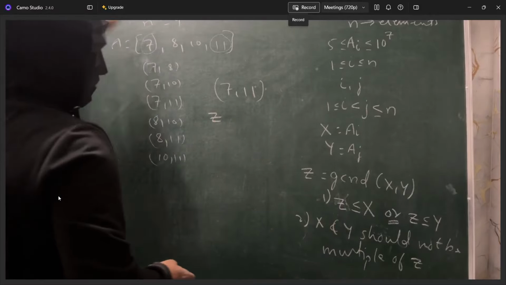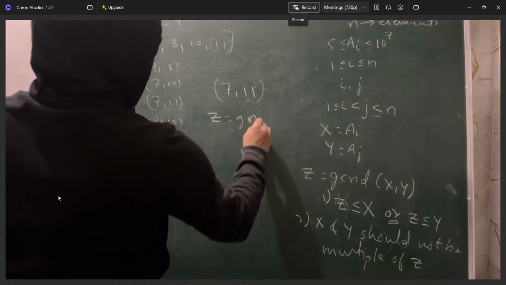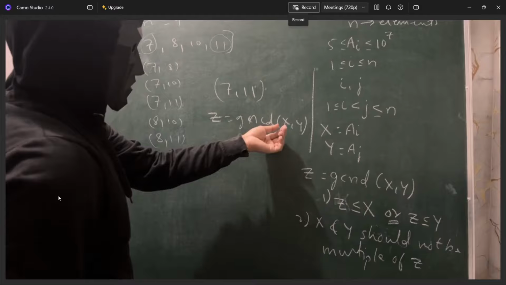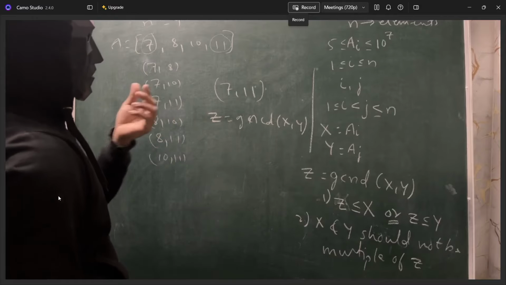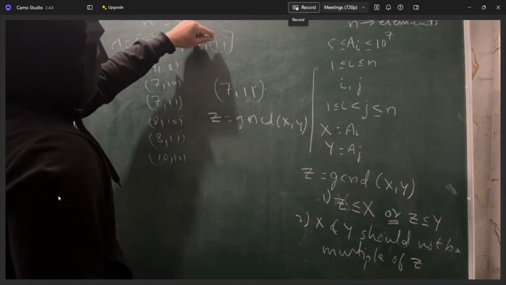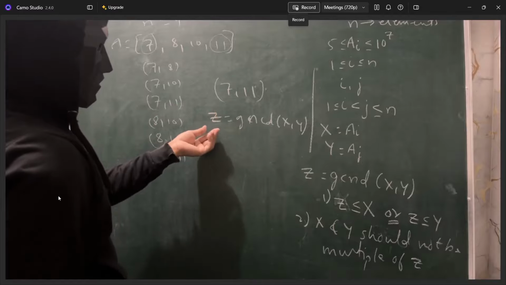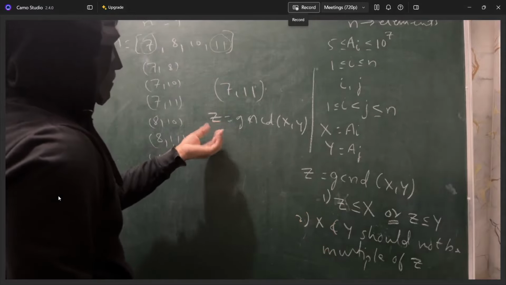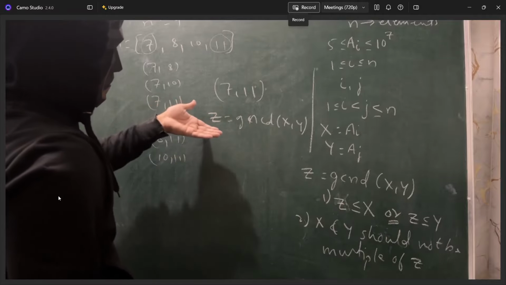What they've said is that the z value, among x comma y, should be lesser than at least one element. If it is lesser than at least one element, then your z is valid. So that's why I'll be taking the maximum number, and from the maximum number, I take the one lesser number, and if it is valid for both of these two conditions, that will be your maximum possible value, right?